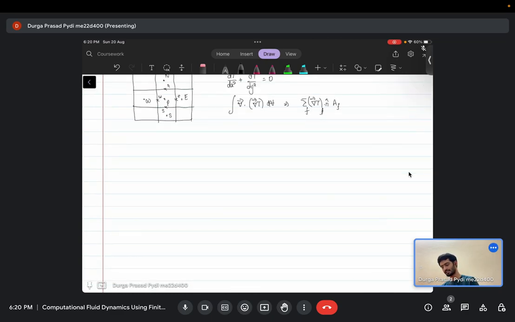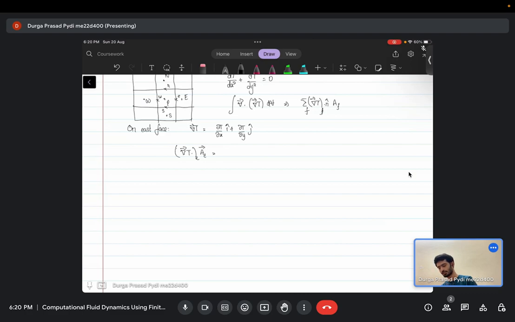So if you take the east face, grad T on the east face is del T del x i hat plus del T del y j hat. Maybe I'll just do it for one face and it will be similar. So the flux term is essentially grad T dot A_east.